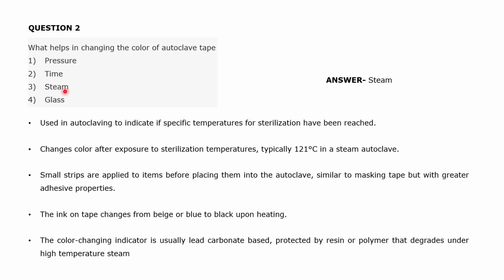So when you are using an autoclave tape, you have to take out the sample after autoclaving and see whether that color change happened or not, because if any fault or malfunction happens within the meter, you will think that sterilization has actually happened, but it might not have happened. So this is like a secondary indicator. It's not a primary indicator. It's a secondary indicator that temperature or steam generation has properly taken place or not.